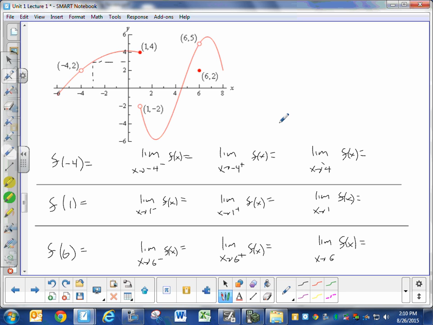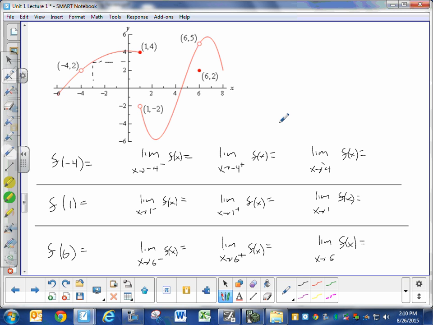So for 1? Yes. So go just to the left on the x-axis of 1. So you're just a little bit to the left of 1. Do you have function values above or below? Up. Okay. So we're tracking that piece of the function. And as we get closer and closer to 1, what are we approaching?